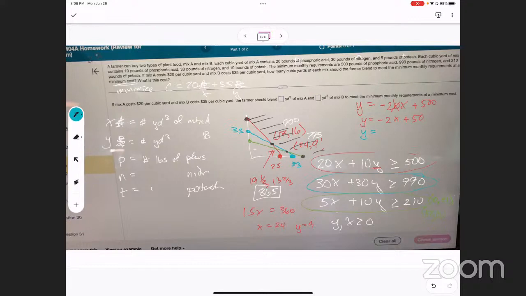So negative x divided by 30 would give you 11 plus 11. Is that right? What's 11 times 30? No, 33.